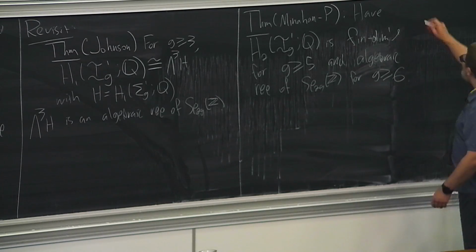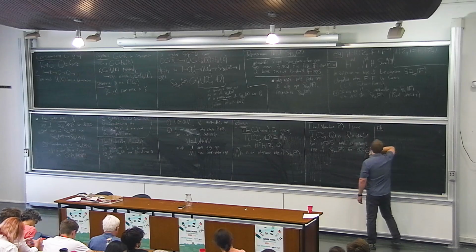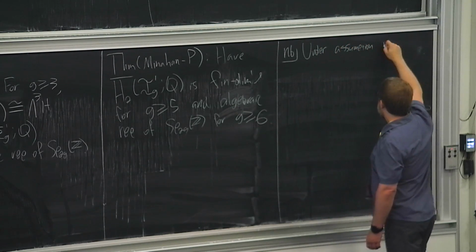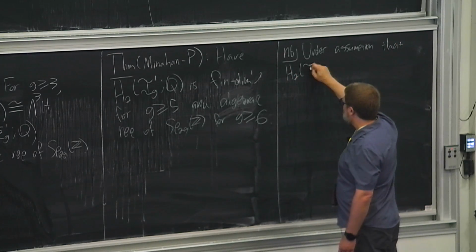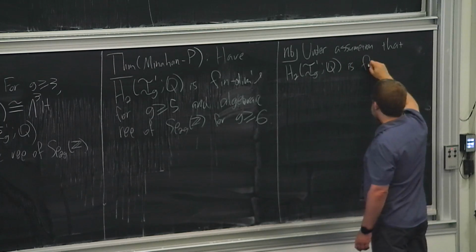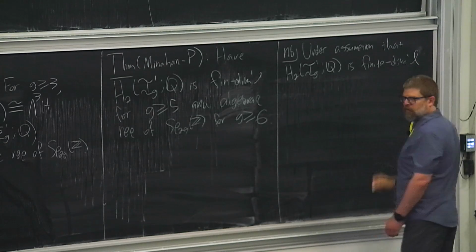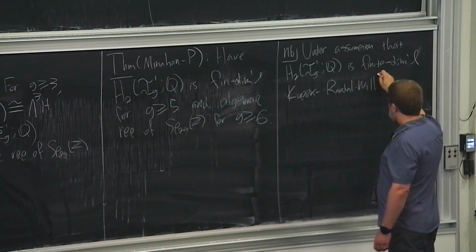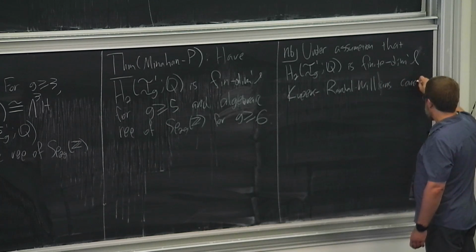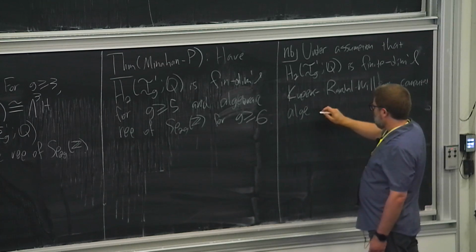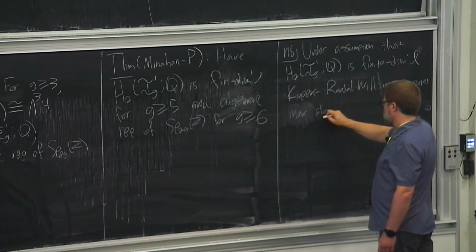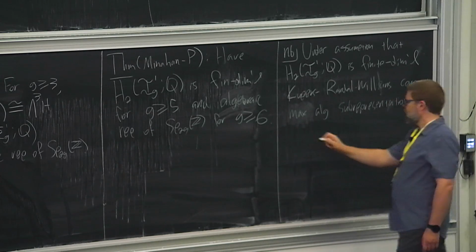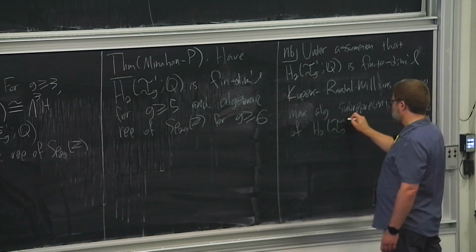And so the point here, nota bene, is that before we did this, under the assumption that H2 of Torelli G1 Q is finite dimensional, which was not known at the time, Cooper and Randal-Williams computed the maximal algebraic subrepresentation of H2 of Torelli G1 with Q coefficients.